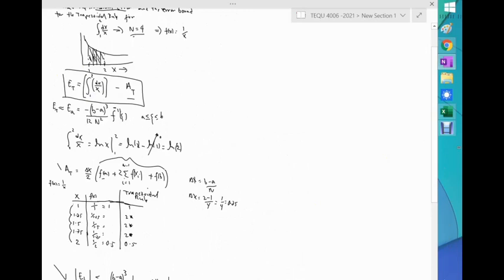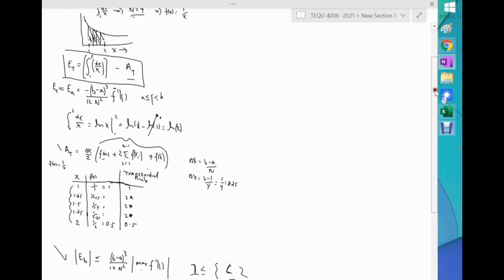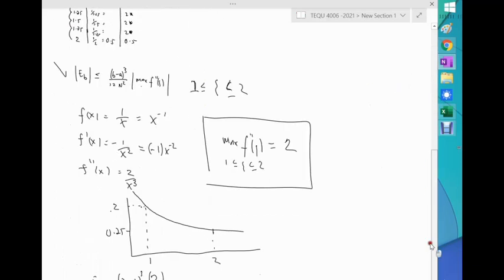But let's say that you don't know that and you still want to get the truncation error. How do you do that? Well, that's when you apply this formula here. Okay, we need to apply this. And how do we do that? Well, let's get here for a second.